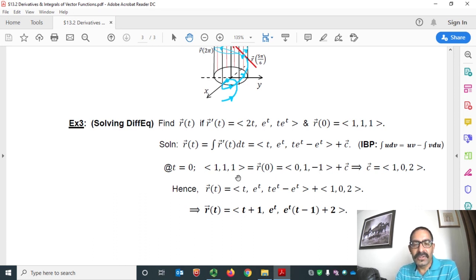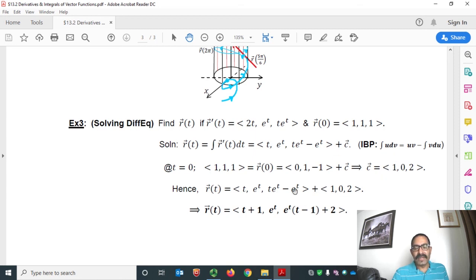Then c equals this vector subtracted from the left-hand side vector, which gives us 1, 0, 2. So our vector c is 1, 0, 2, and we put this value back here. Then our r of t is t squared, e to the t, t e to the t minus e to the t, plus the c vector we found here.